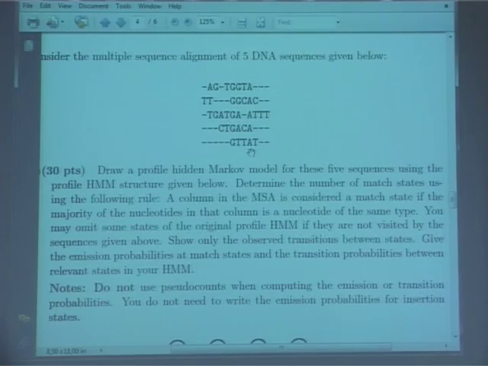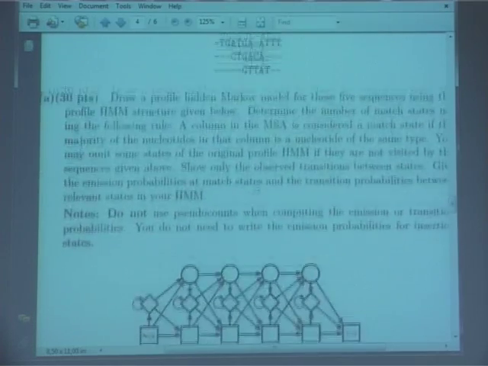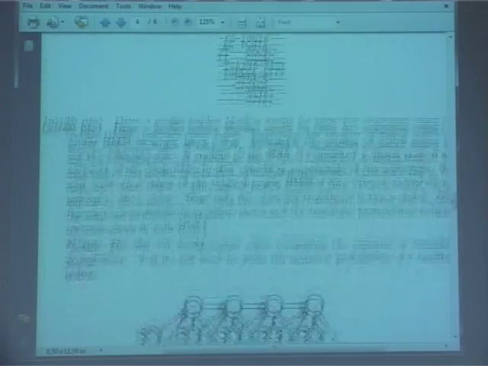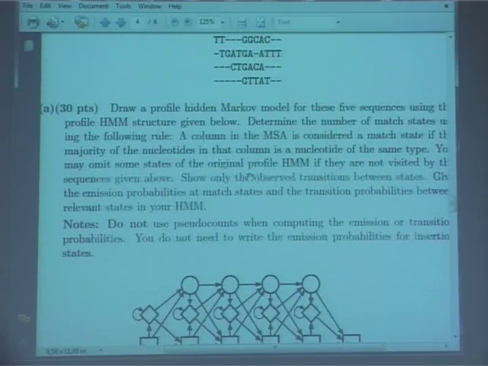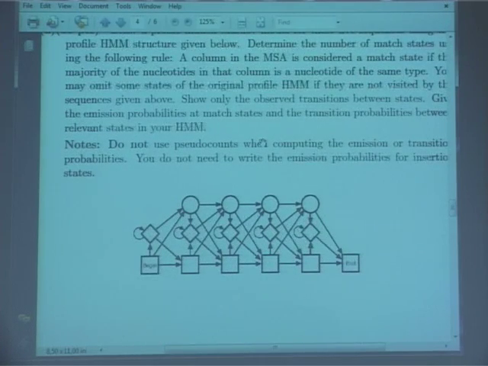Now, let's draw this hidden Markov model. Since we are going to have 3 match states, by looking at the structure, let's draw our hidden Markov model and determine the emission. The first easy thing is the emission probabilities.